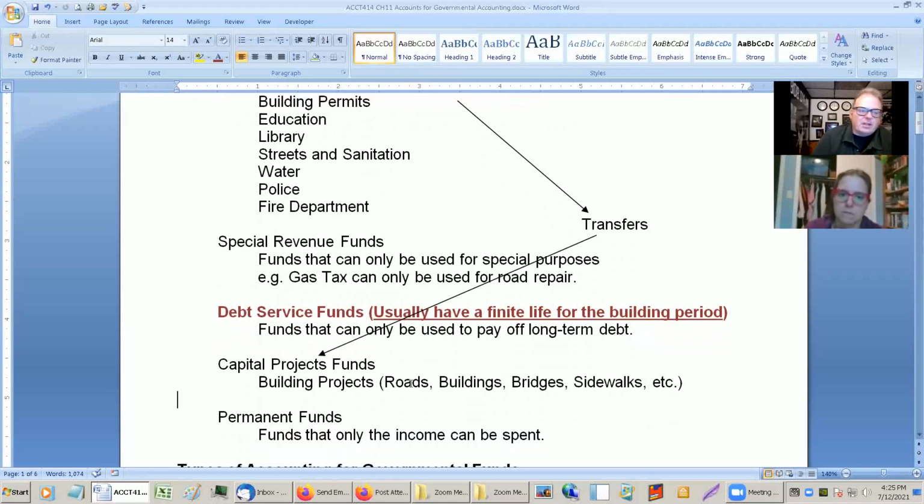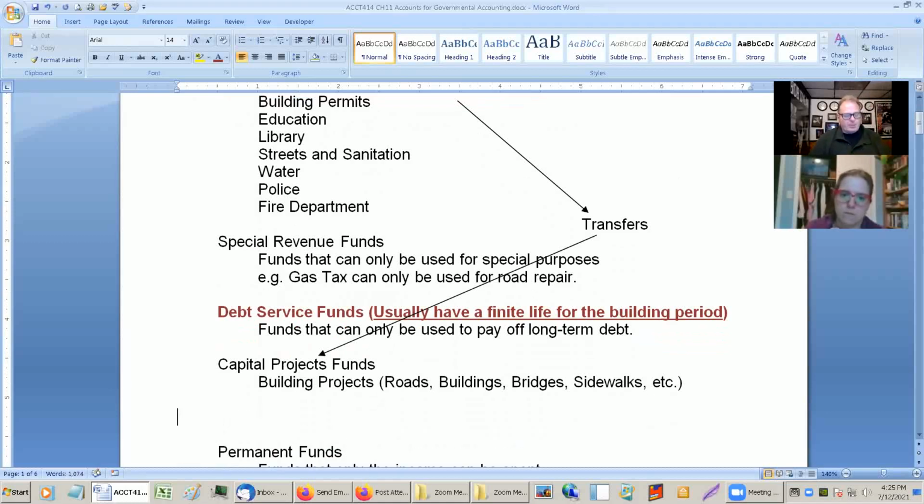So here's what this would look like down here, the capital projects stuff. Sort of like a revenue, they'd have a transfer in. And this is 10,000 just for kicks. When they spent it, they'd have an expenditure for 10,000.